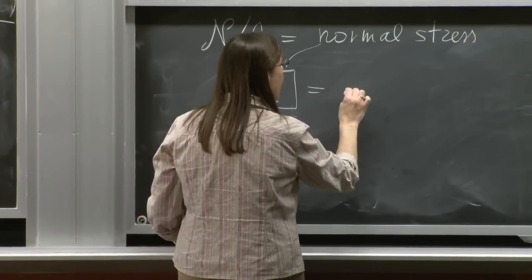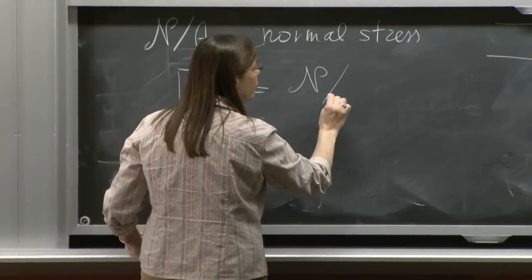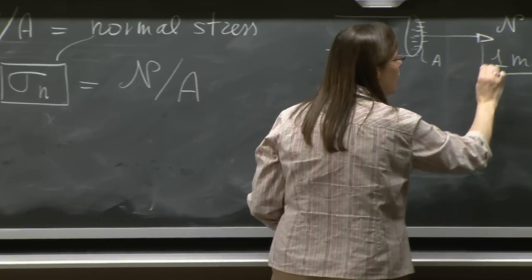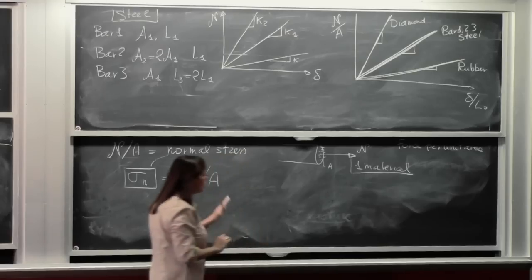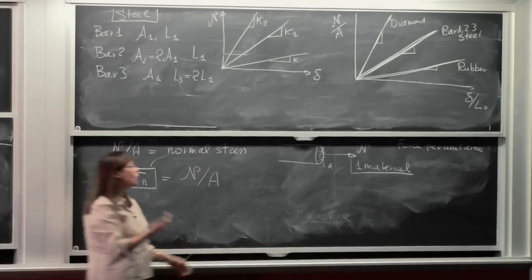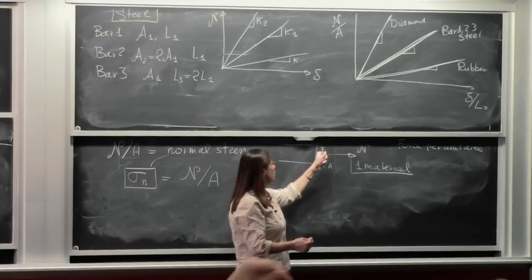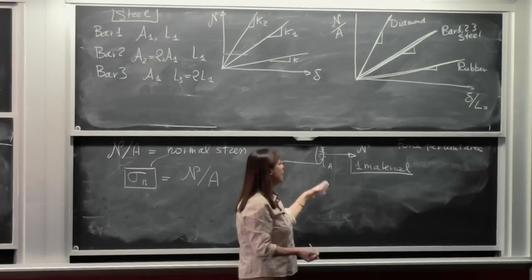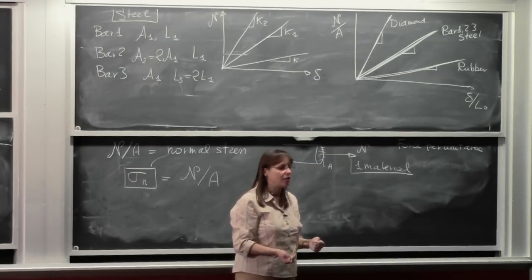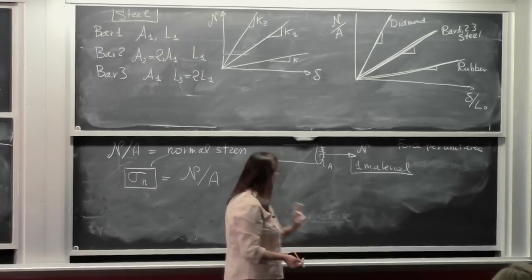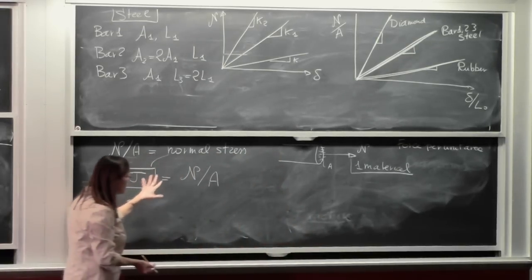In this case, I can simply obtain it as the axial force divided by the cross-sectional area, because the stress will be uniform. There is no reason that a point here, a point here, a point here is going to feel something different. All the guys are the same. They all together carry the axial force N. So each of them feels a stress sigma n. This guy here is called the normal stress.